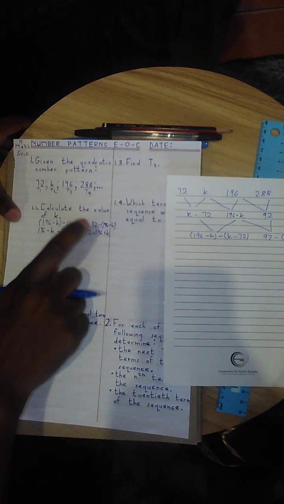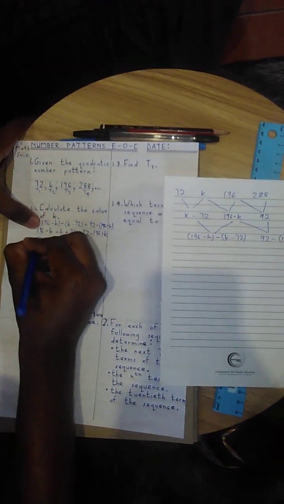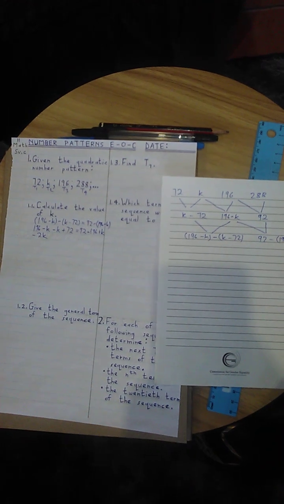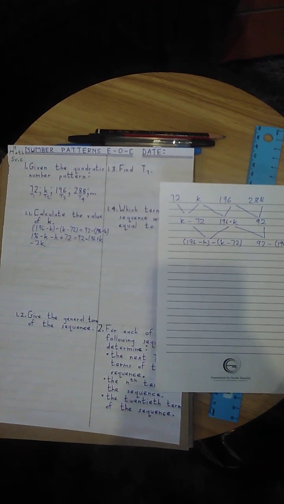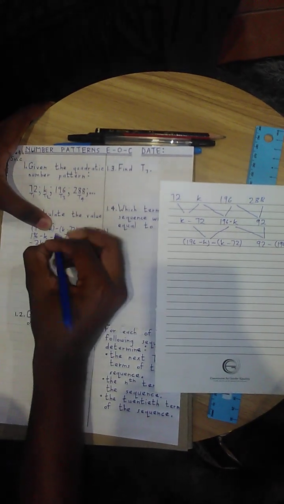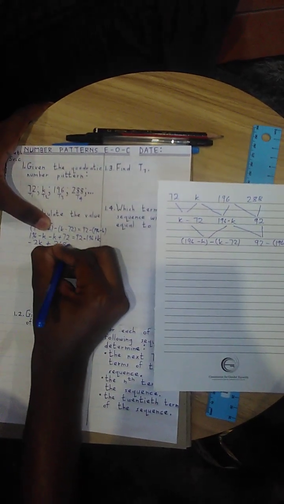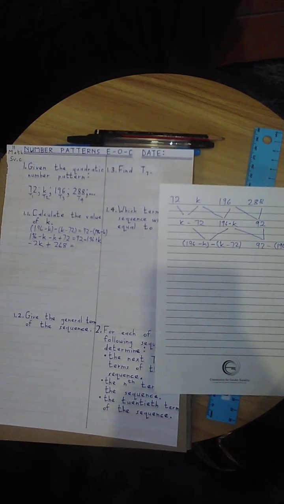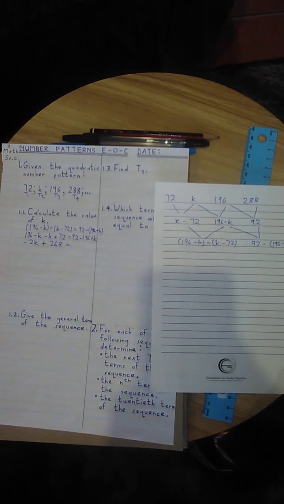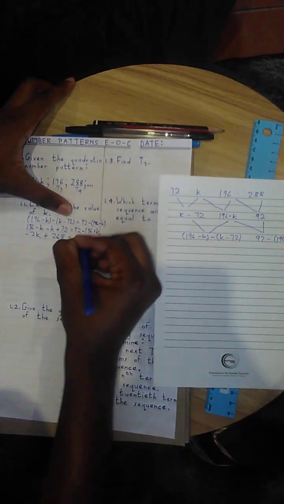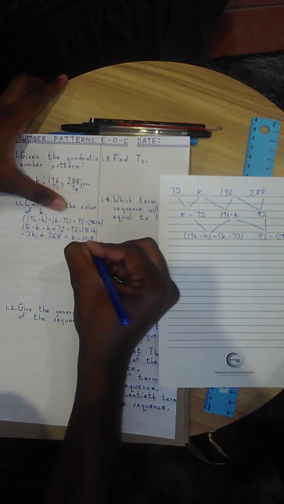So negative k minus k is negative 2k, 196 plus 72 gets plus 268, is equal to k minus 104.